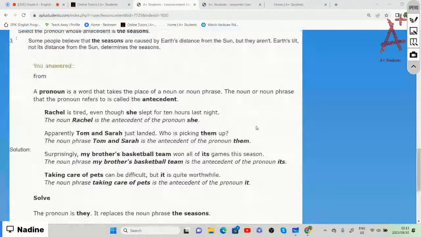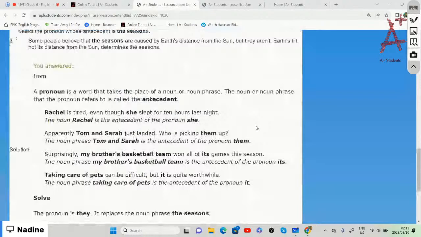Some people believe that the seasons are caused by Earth's distance from the sun, but they aren't. Earth's tilt, not its distance from the sun, determines the season.